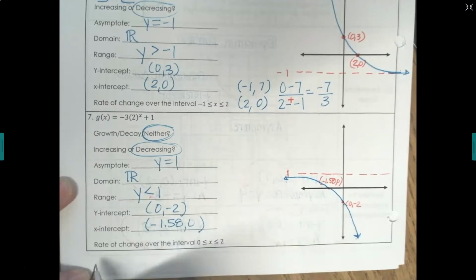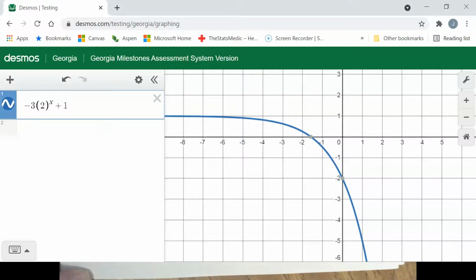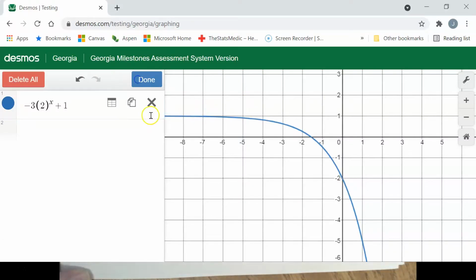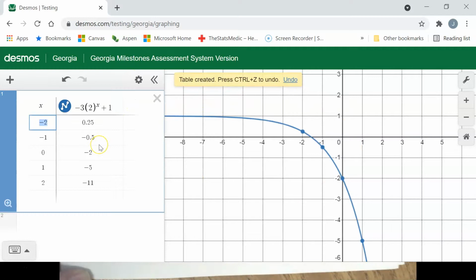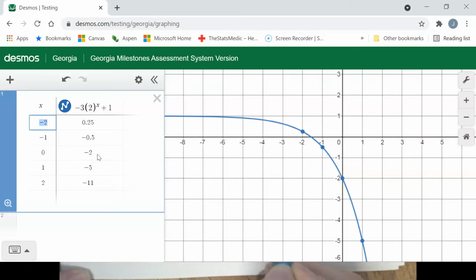The x-intercept, that was that weird one, -1.58, 0. And our rate of change, okay, so let's pull up our graph and get our table of values off of this. Our rate of change is between where x is 0, so if x is 0, my y value is -2. And if my x value is 2, my y value is -11.